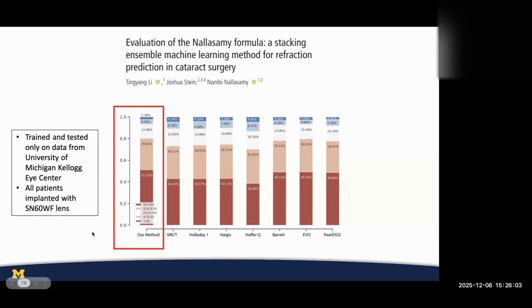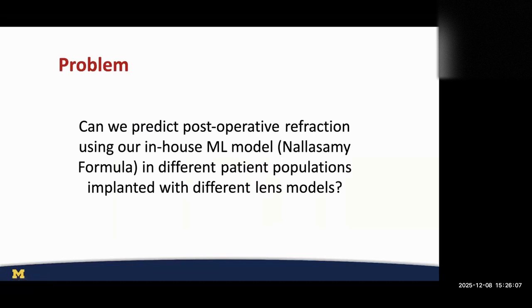So it's very specific to this demographic and this lens. So the question that I was posed with is, can we use this formula, the Nalisamy formula, to predict postoperative refraction in different patient populations which are implanted with different lens models?